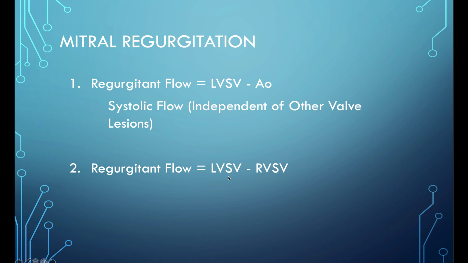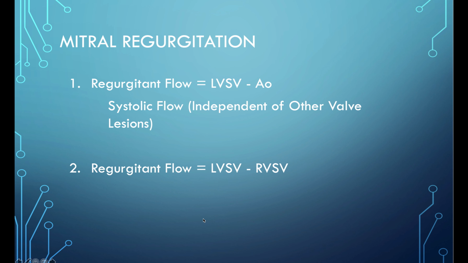So always, when you do the contouring of the left side and right side and you have a discrepancy between the stroke volumes, first revise that your contouring is okay. If it's fine, check whether there is any shunt. If not, then check whether there is a regurgitation.